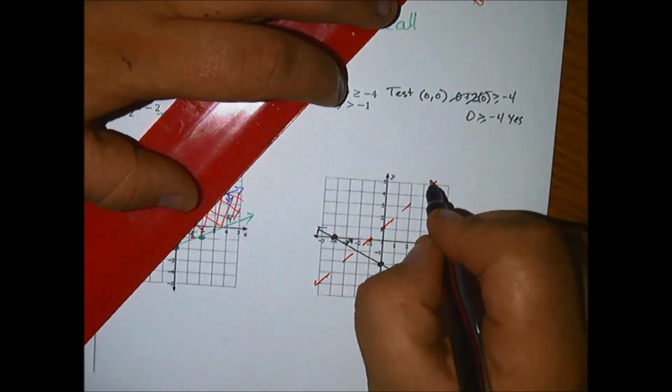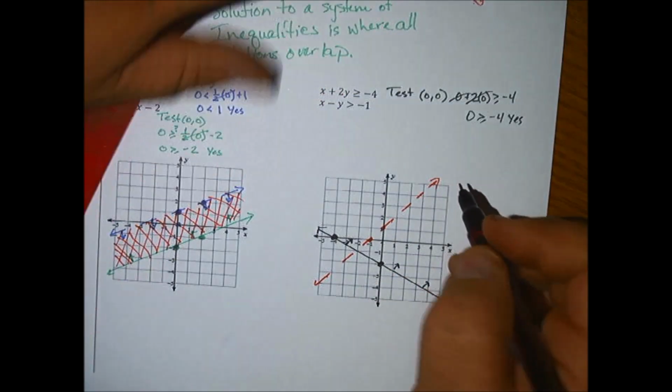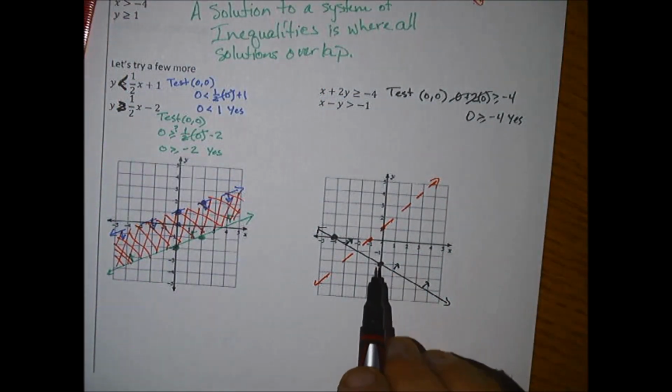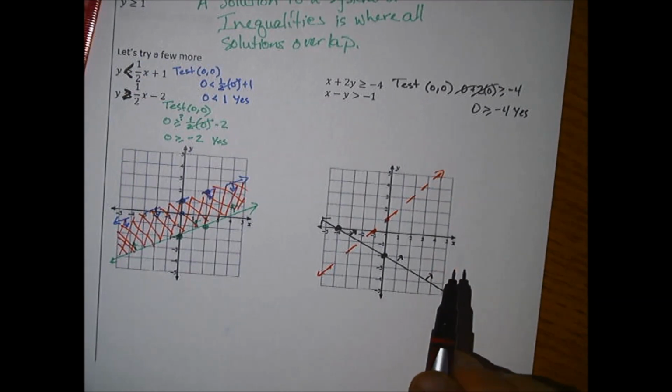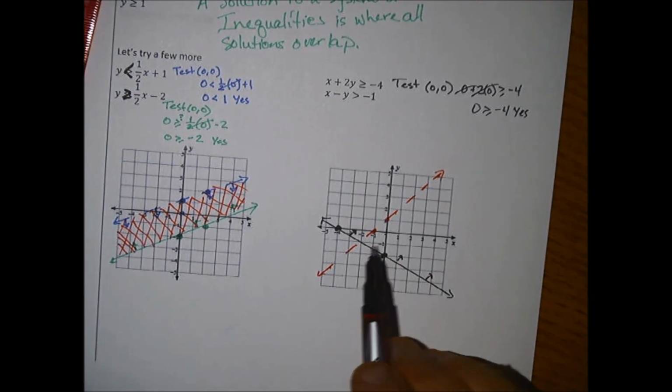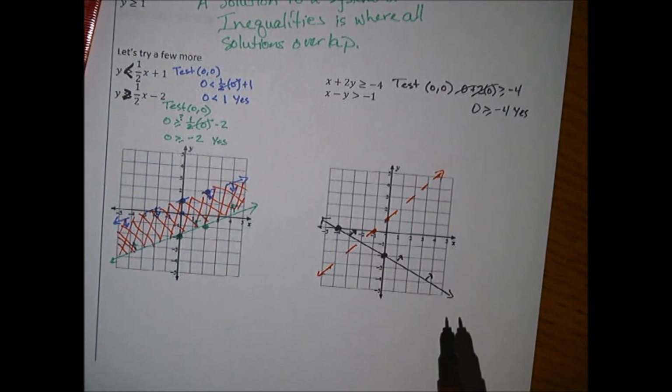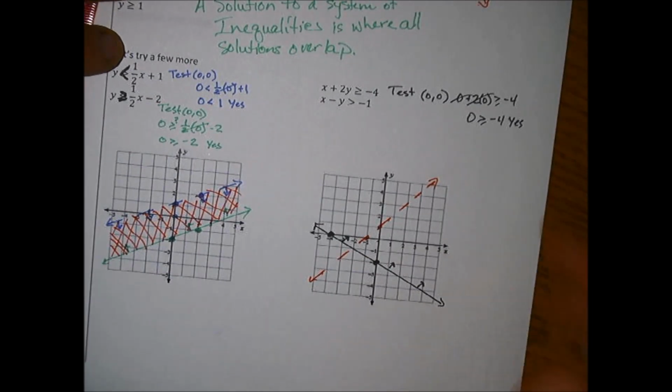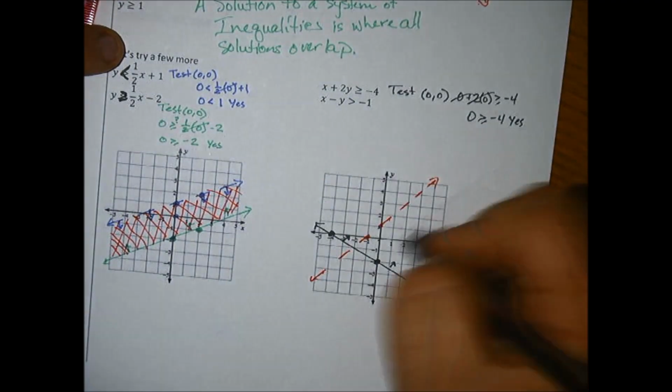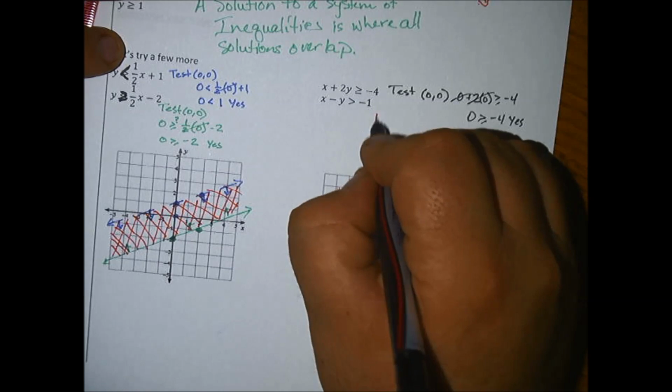The beauty with systems of inequalities is it's not as big of a deal to make sure that your lines hit the right points, because you're not looking for a point of intersection, you're looking at areas of overlapping. So again, I don't go through 0, 0, so I can test it.